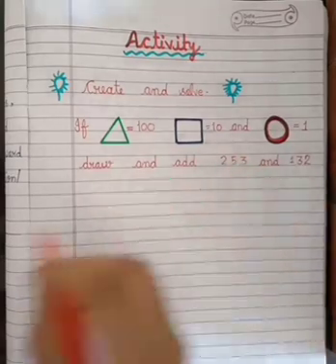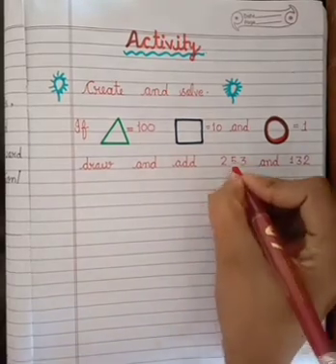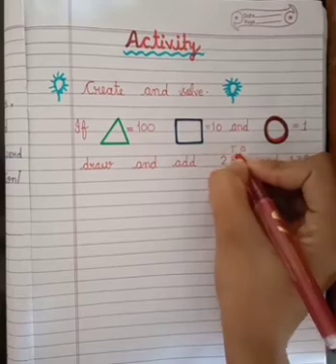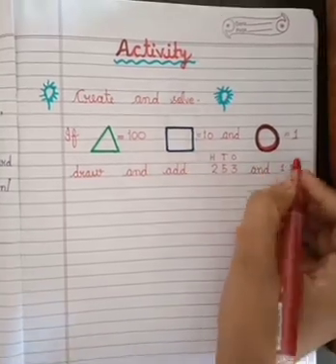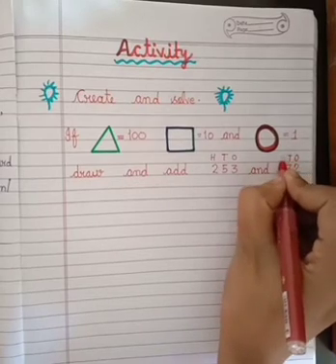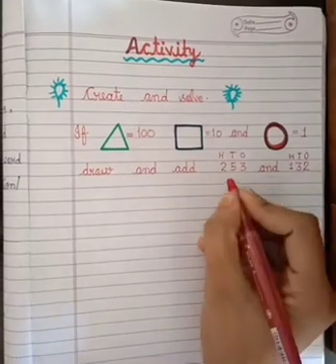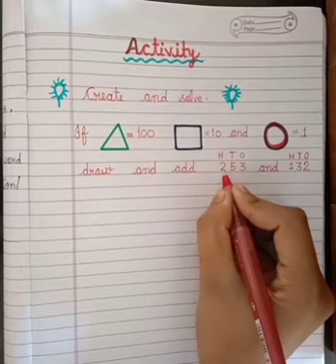As you know, in this number 3 is at the 1's place, 5 is at the 10's place and 2 is at the 100's place. Similarly here 2 is at the 1's place, 3 is at the 10's place and 1 is at the 100's place. So 2 is at the 100's place, so its place value is 200.